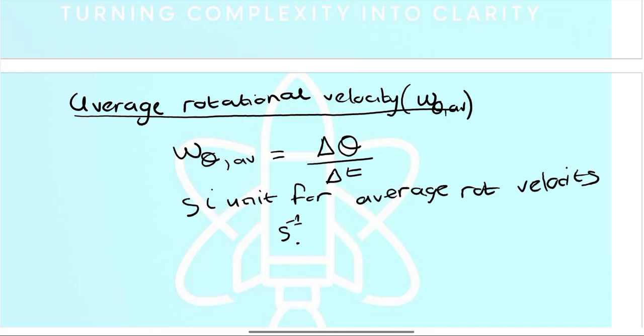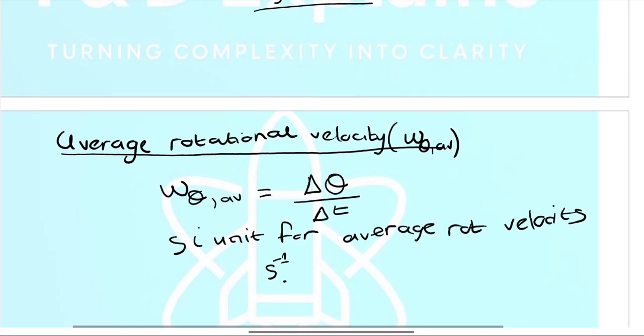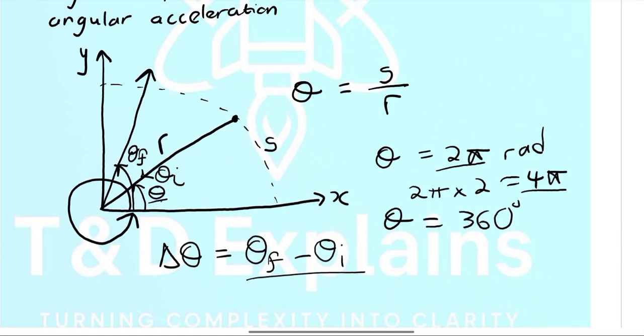The subscript theta is here to remind you that the average rotational velocity is a signed quantity that can be positive or negative depending on the choice of positive direction of rotation for theta. So in this case, if we choose to move anti-clockwise, our theta will be positive. But suppose we choose to move in a clockwise direction, our theta will be negative.